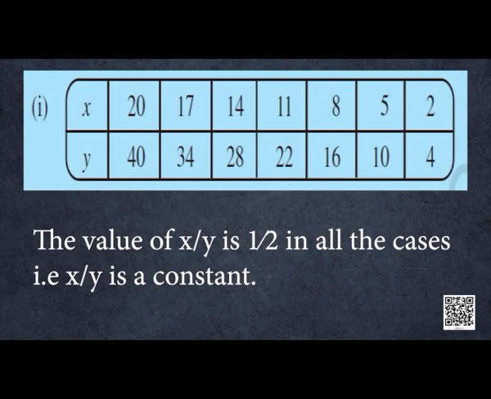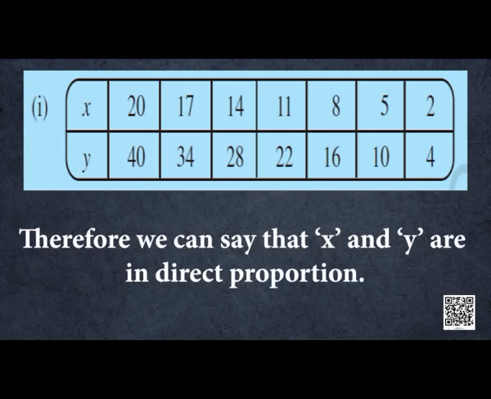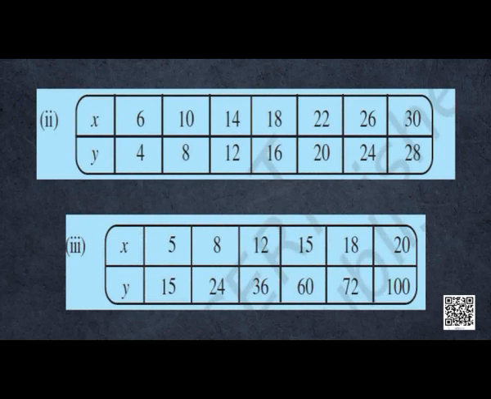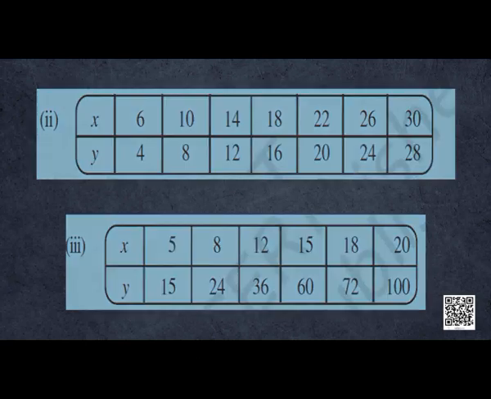That is, x by y is a constant. Therefore, we can say that x and y are in direct proportion. In the same way, try to find whether x and y are in direct proportion in the following examples also.